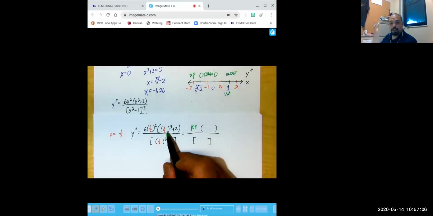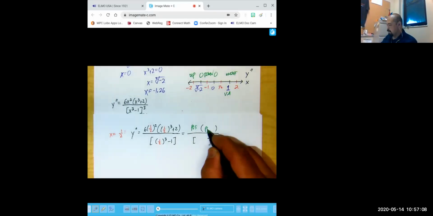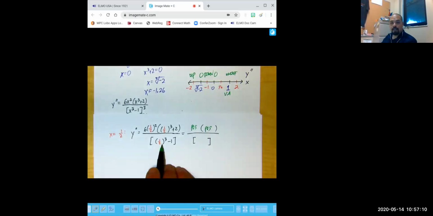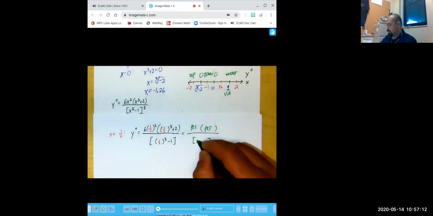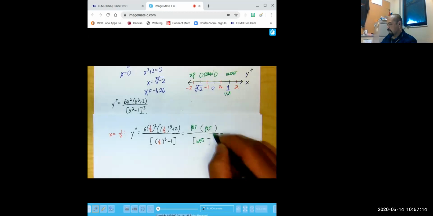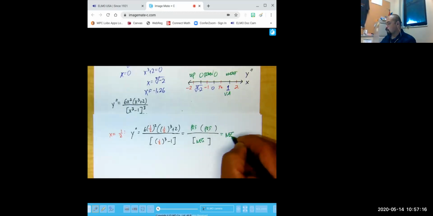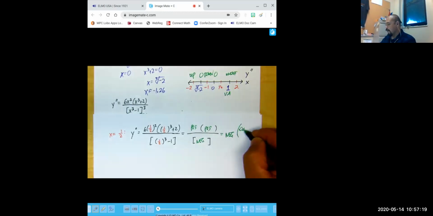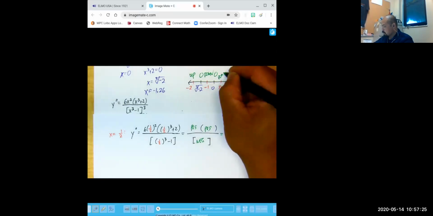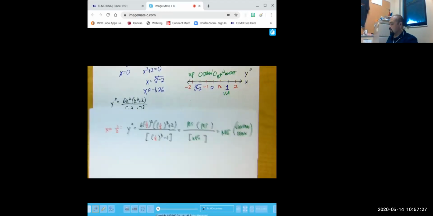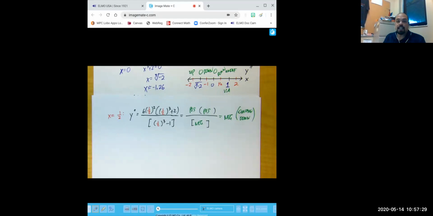Positive cubed, positive plus 2 stays positive. 1/2 cubed, 1/8, 1/8 minus 1, negative. Positive or negative makes negative. So we're still going to be concave down in this space, opening downwards in that region. It just gets to the point where our second derivative happens to be 0 as well.